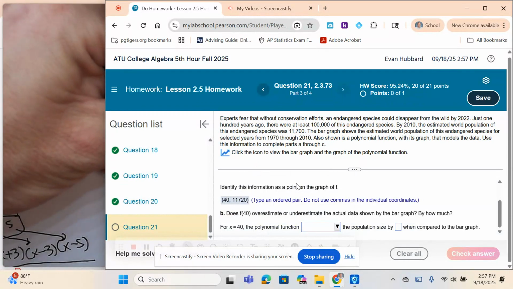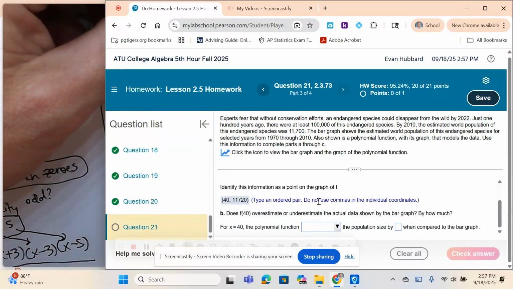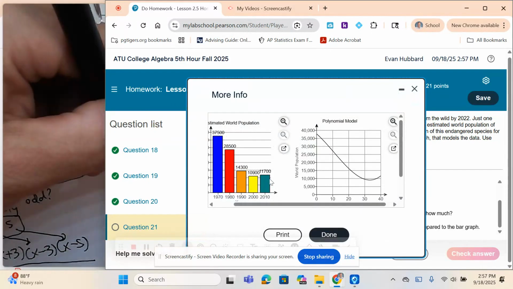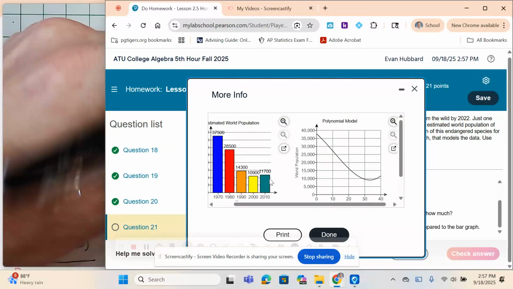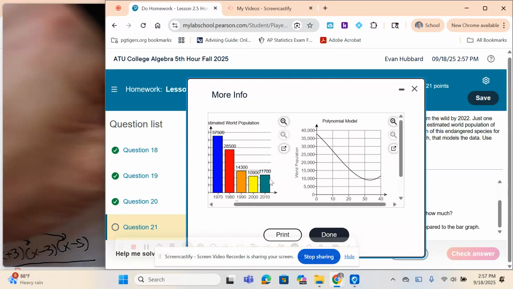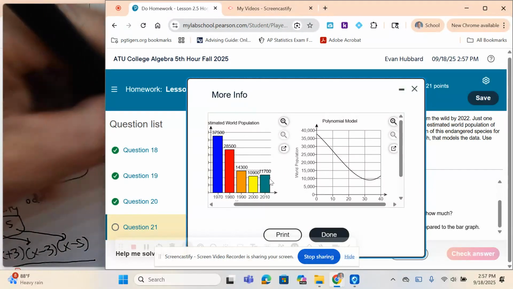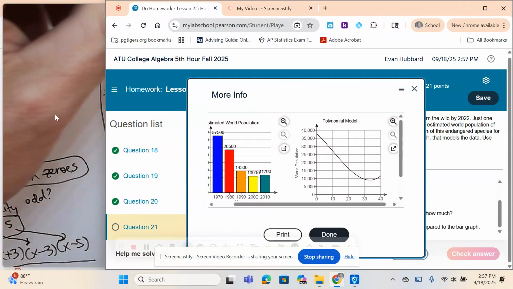Now we need to see if it overestimates or underestimates compared to the graph shown. So we look at the bar graph. The bar graph shows that it's 11,700. That's the actual, and the original model value is the predicted.